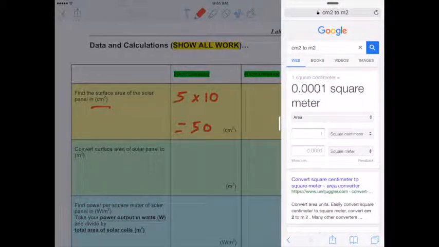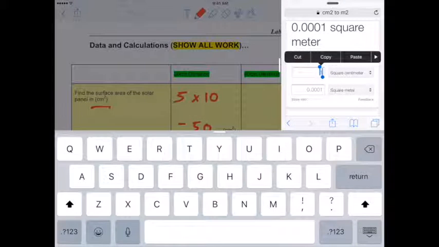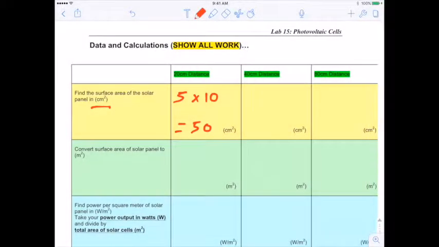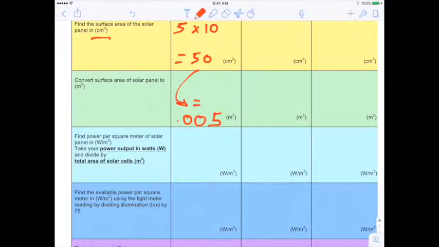All right, so if I've got 50 square centimeters, I have 0.005 square meters. So I converted that to meters squared. Not difficult, just had to look that up.